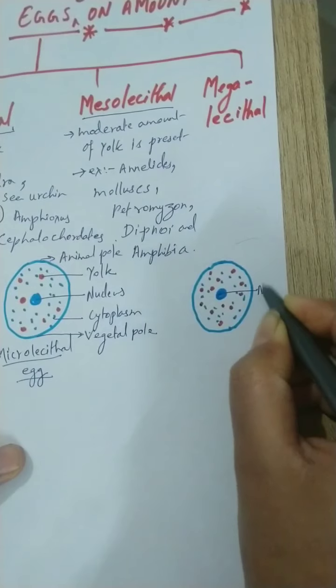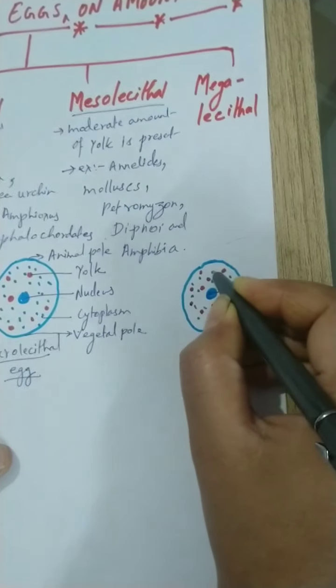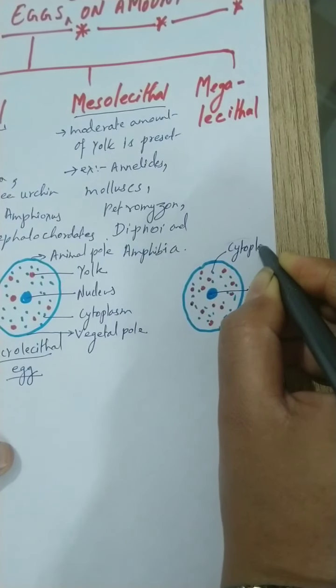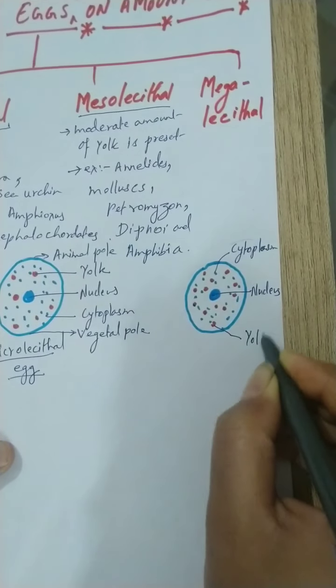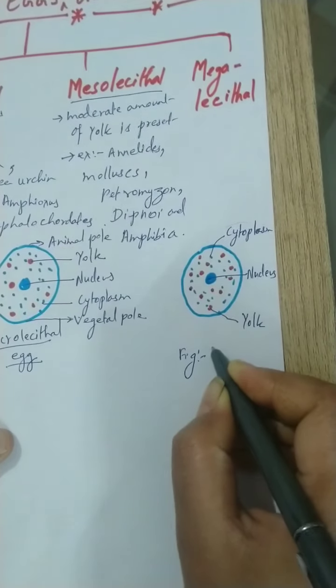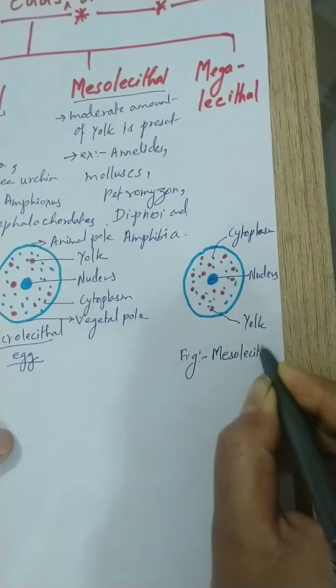This is the nucleus, this is the cytoplasm, and this is the yolk. This is the diagram of the mesolecithal egg.